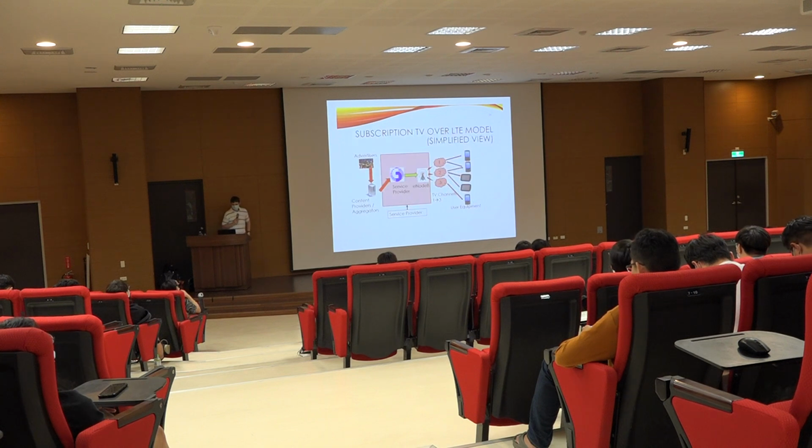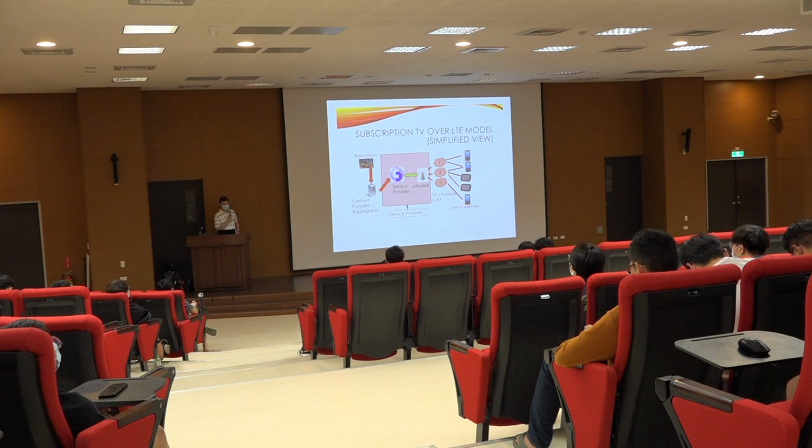So the initial model we found for this many years ago was essentially advertisers would send their advertisements to content providers that would then integrate them and send the video stream to a service provider. The service provider would then broadcast this over their eNodeB or network to end users. Now, what you see here is advertisers who pay money for their content to be transmitted to potential consumers pay it to the content provider.